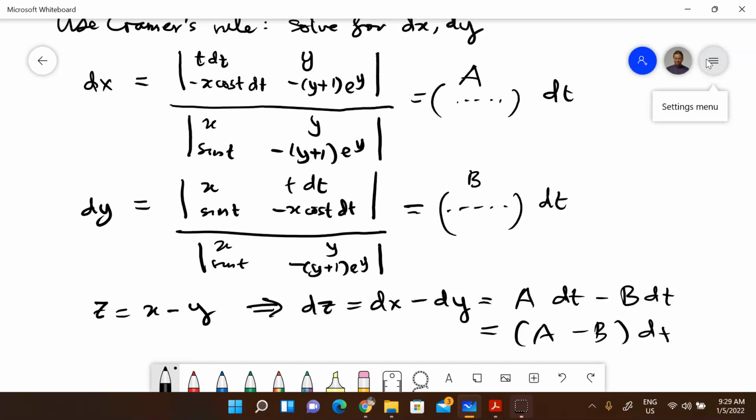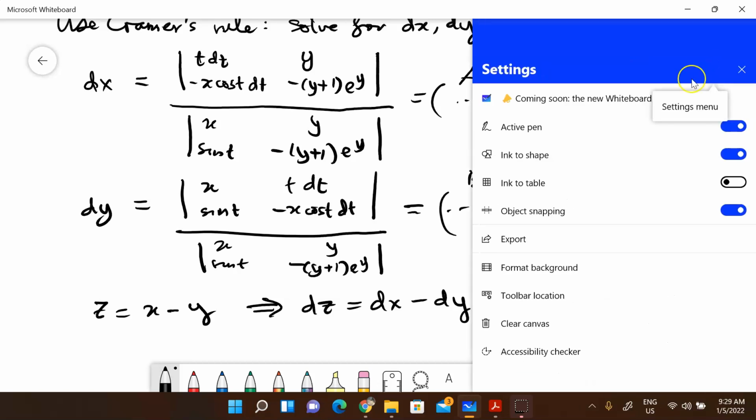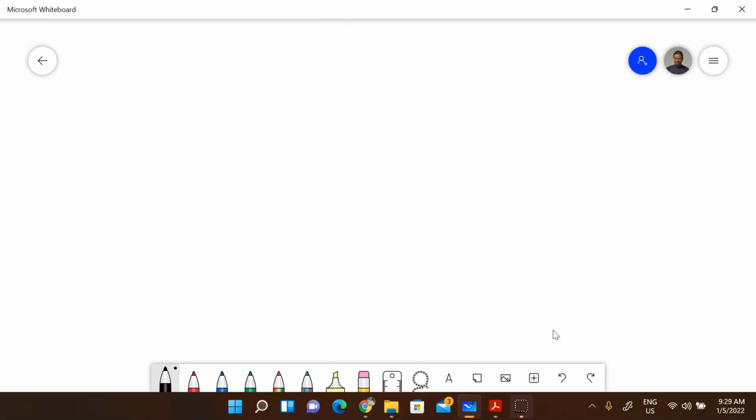You might need to know what functions are actually involved. So let me clear this. The example that we're looking at is a coordinate transformation. I have another half an hour left.